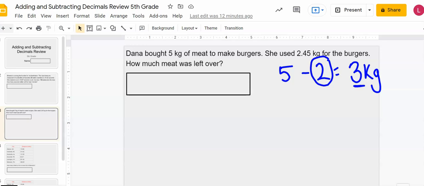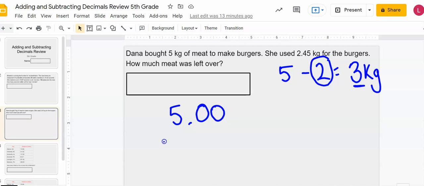I'll have a little bit less, won't I? So that's going to give us an estimate there. So we can think about different ways to do this. We're going to take 5, and I know I don't have any tenths or hundredths.